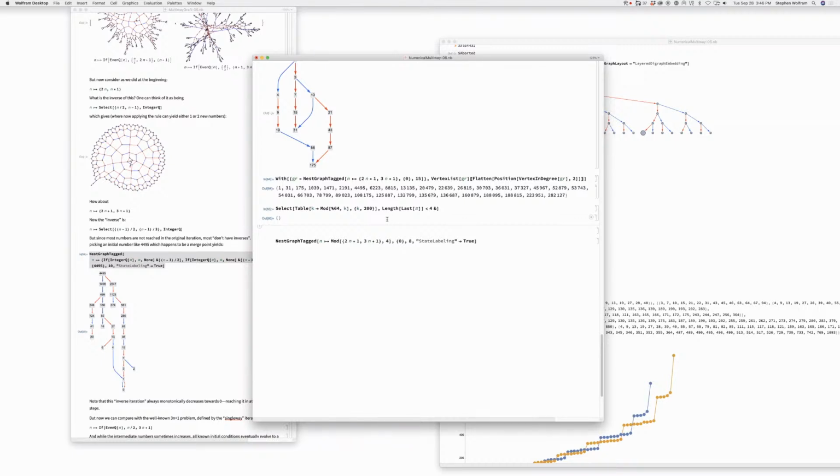What did I do wrong? I want to say union here. Okay, there we go. So this is showing us those moduli for which the merge points appear to have a pretty fixed form. Does that make sense?